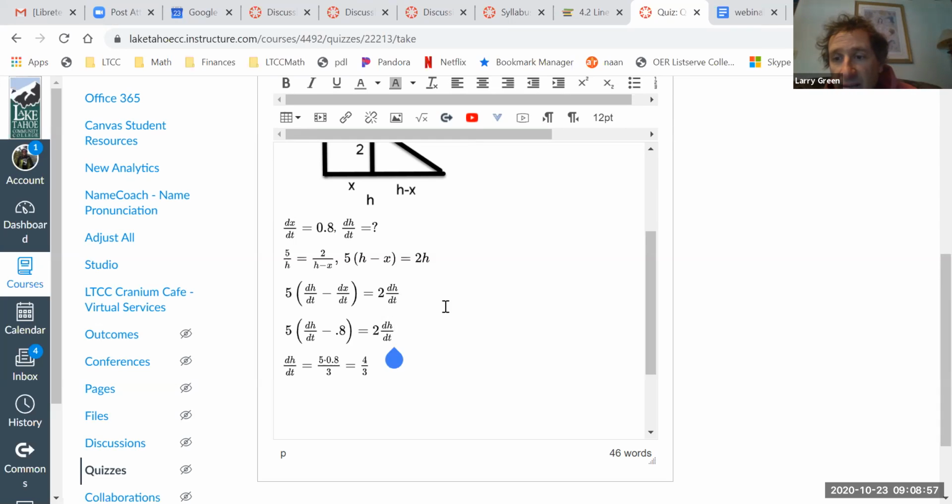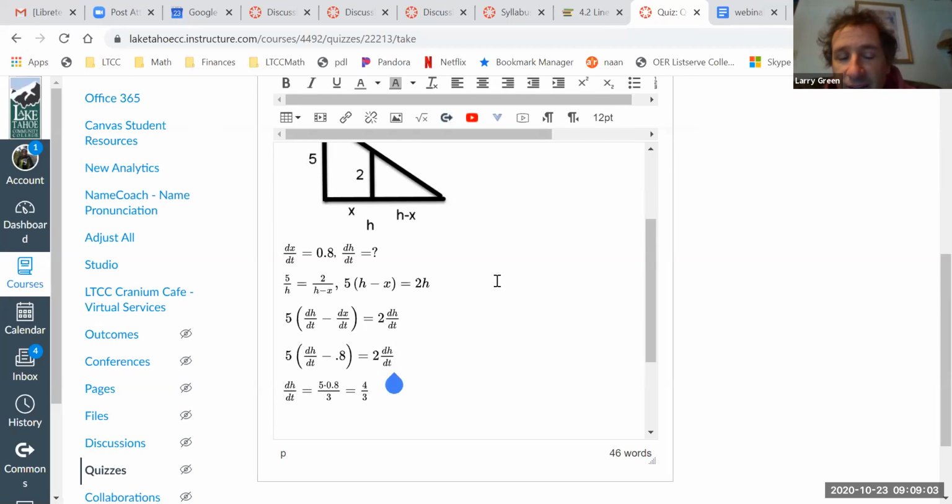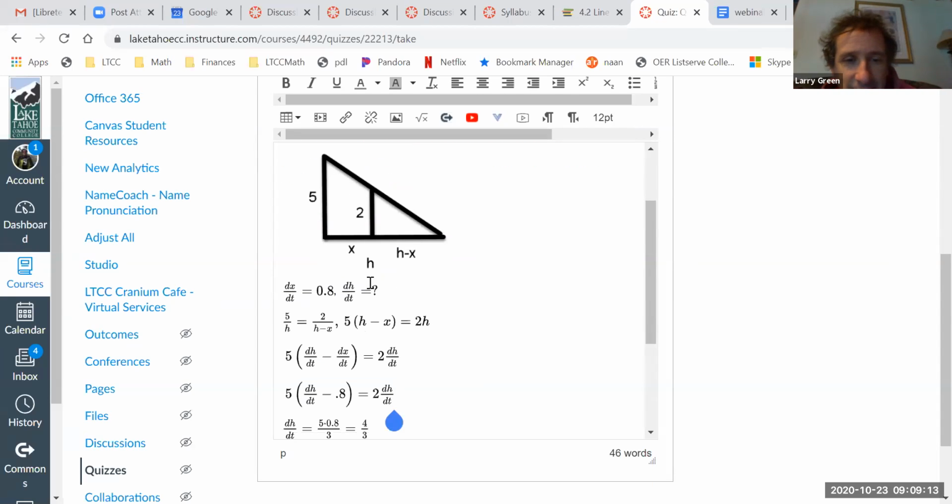Any questions on that? Any questions? So again, there's no step here that's hard to follow. Do you agree? But coming up with it yourself, especially, I would guess that this step right here, the 5 over h equals 2 over h minus x, that was probably a hard step for most people.